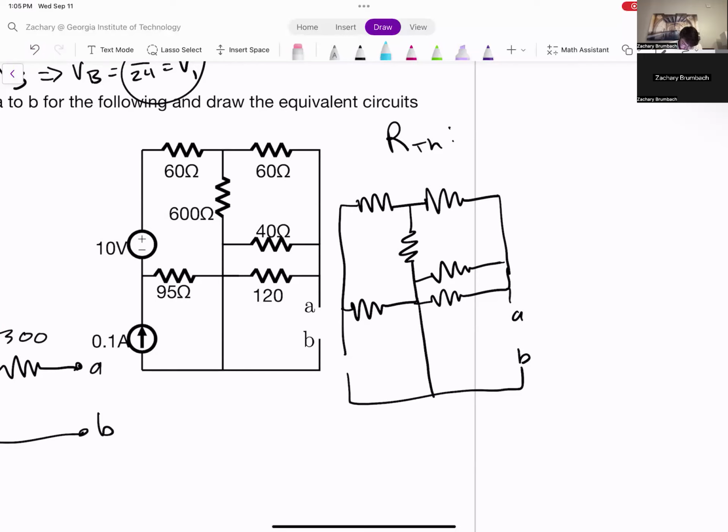Okay. So here, again, my voltage sources become a line, a short, and my current sources become an open. You can see that here and here, okay? Great. So now let's find the equivalent resistance between these two.